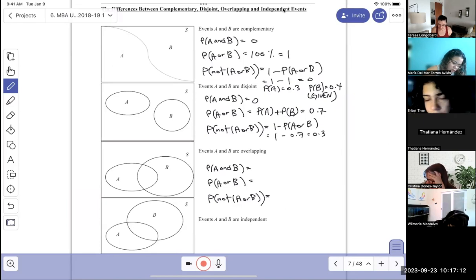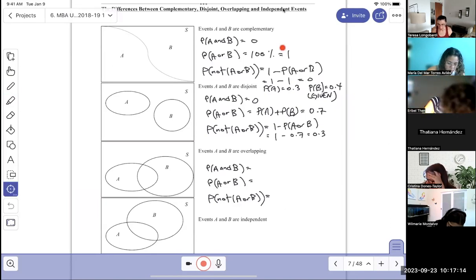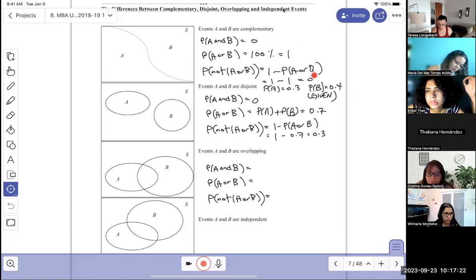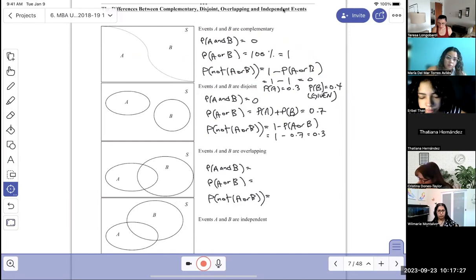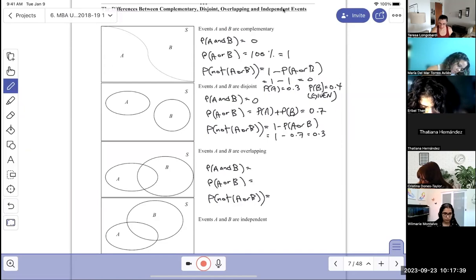And notice that complementary events are disjoint, but disjoint events are not complementary. It doesn't have these properties if they're disjoint. I actually have to know the values to calculate or and not A or B. But complementary events are very specific. They fill the space.